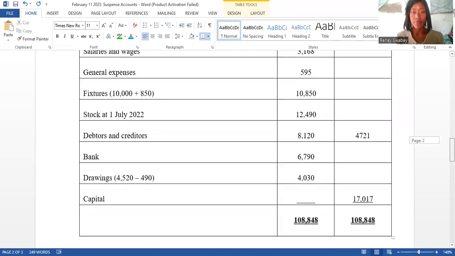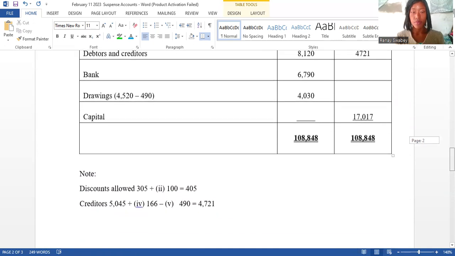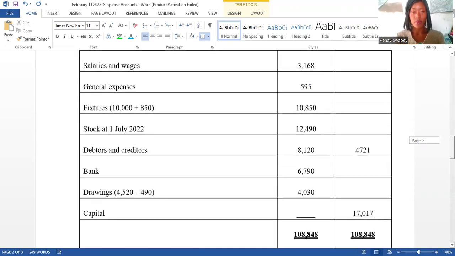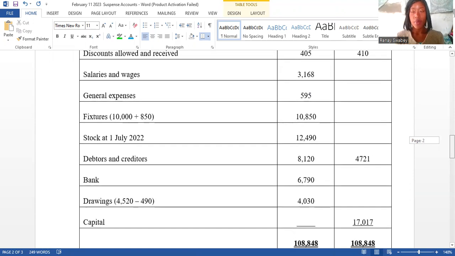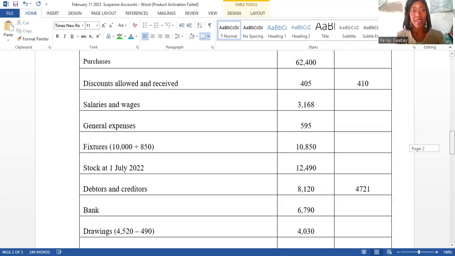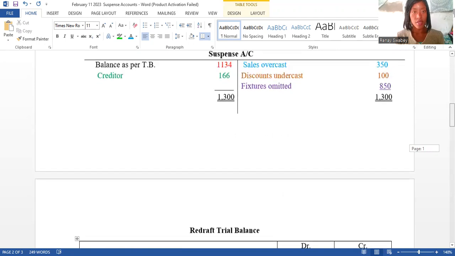Let's scroll up again. But it still doesn't tell us how we get the $4,721. So let's see. Creditors. What was the error for creditors?